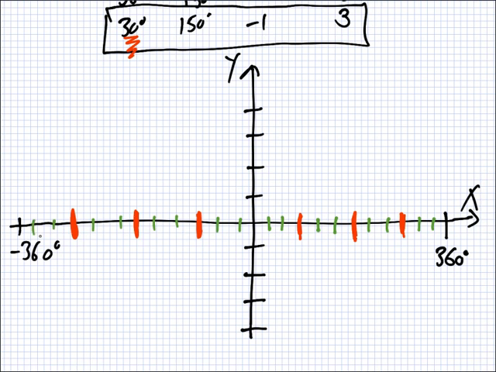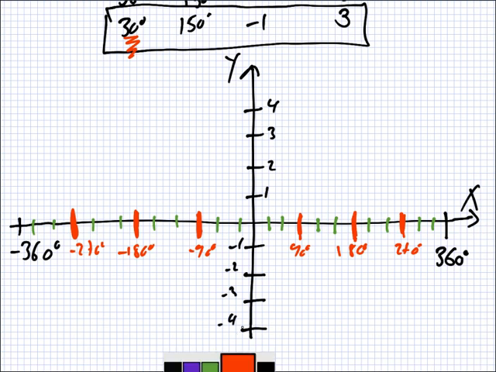Messy. Okay. Minus 180, 180 there. 90, minus 90, minus 270, 270. Oh, and of course, 1, 2, 3, 4, minus 1, minus 2, minus 3, minus 4.